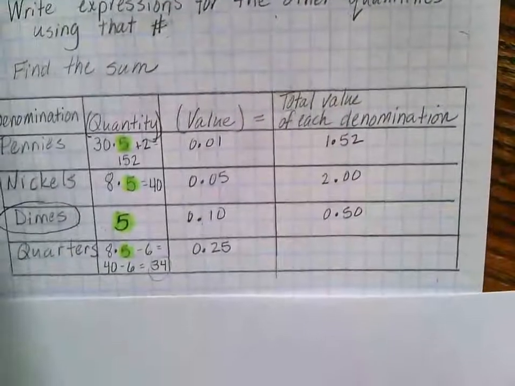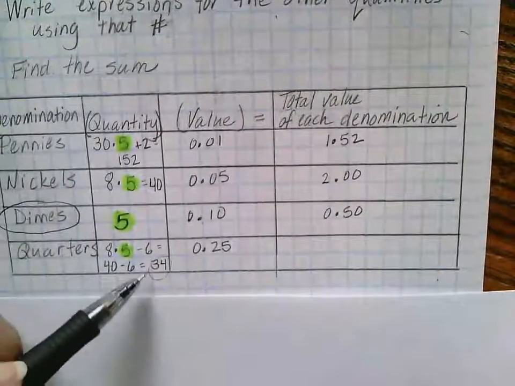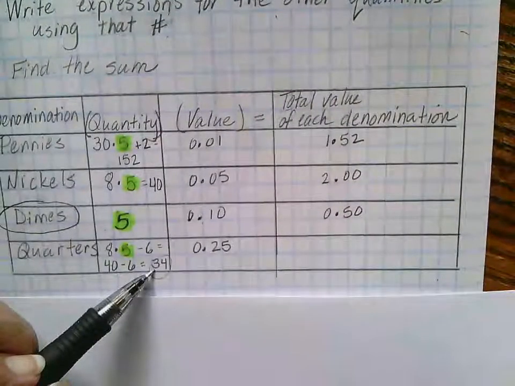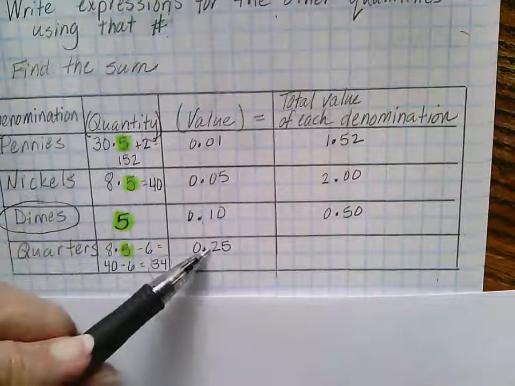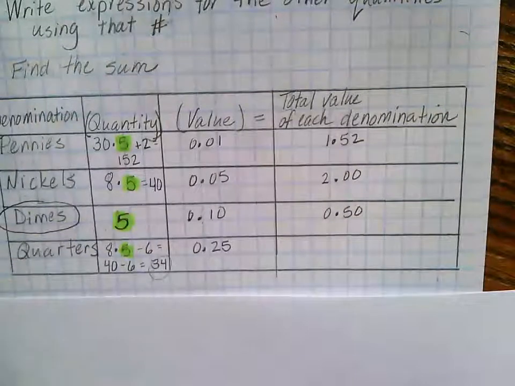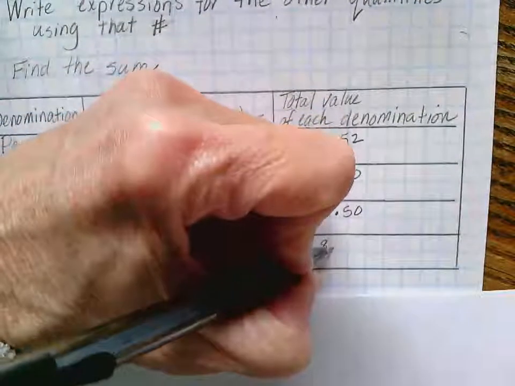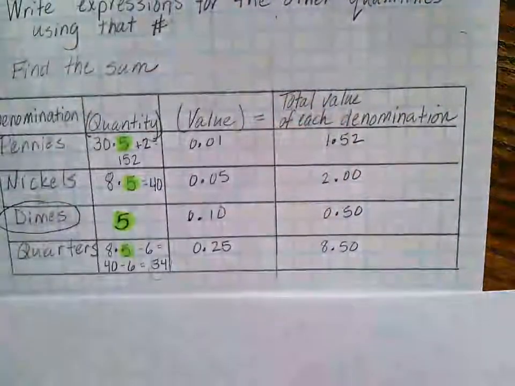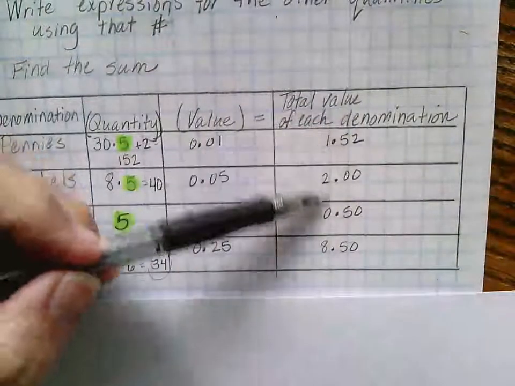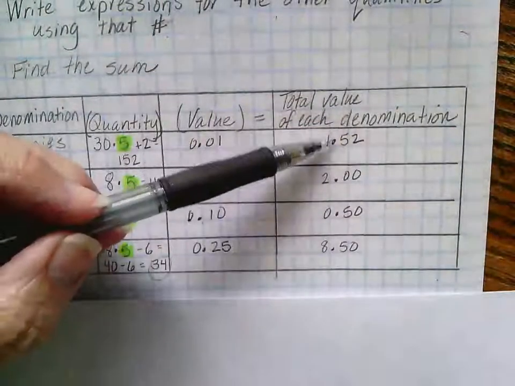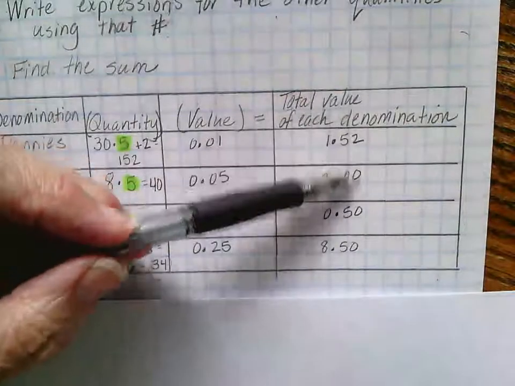And if I have 34 quarters and I multiply that by 25 cents, I believe I get $8.50. So what I need to do is I need to add this column to find the total.